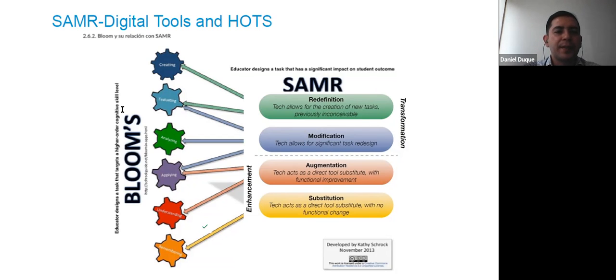And the last step, or the top of the ladder in the SAMR model, will be redefinition. In this last step, we can really use the technology to allow creativity to take over and transform learning in a way that would have been impossible with conventional teaching or learning methods.